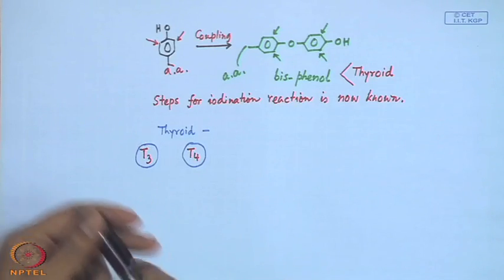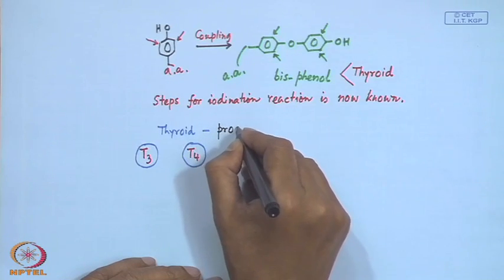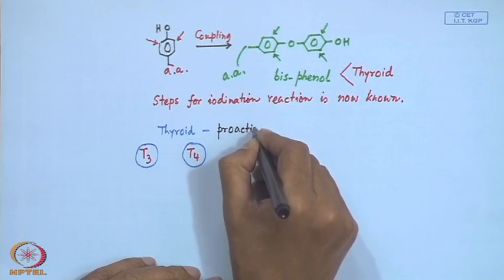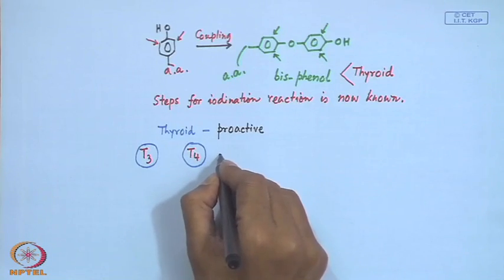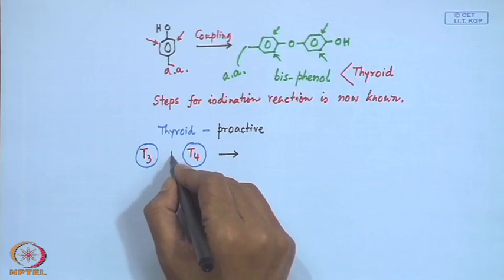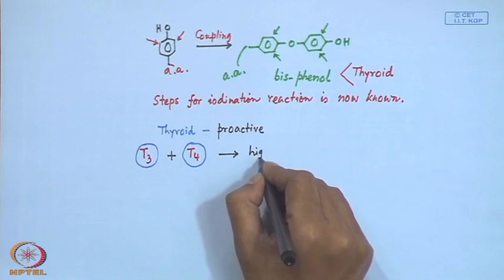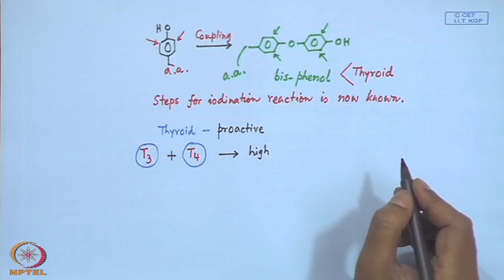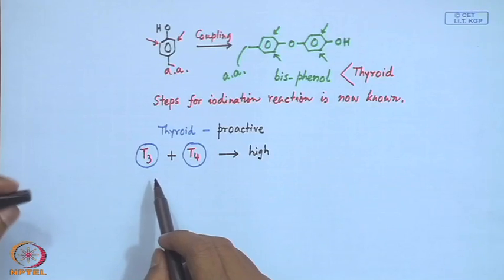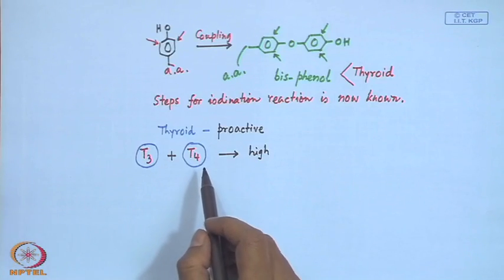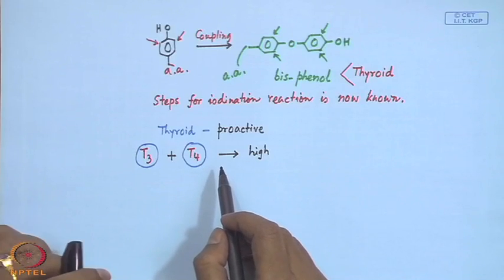and if the thyroid gland is proactive, its activity is more, and both the T3 and T4 concentrations are high. So, what can we do in that case? The production of hormones in our body should be balanced; it must have some optimum concentration.